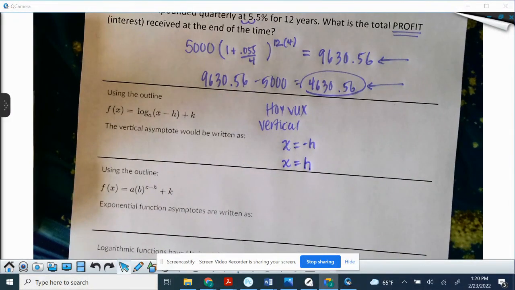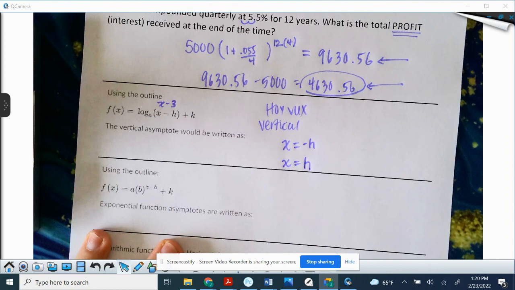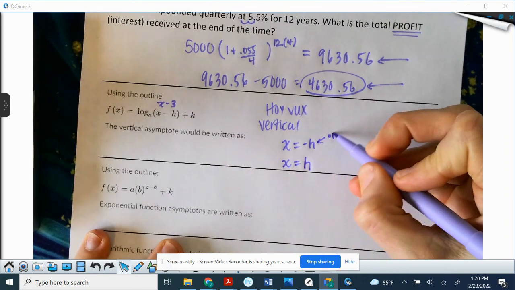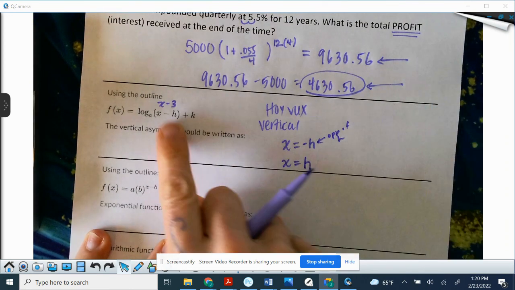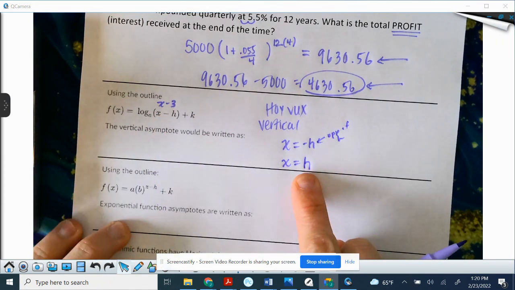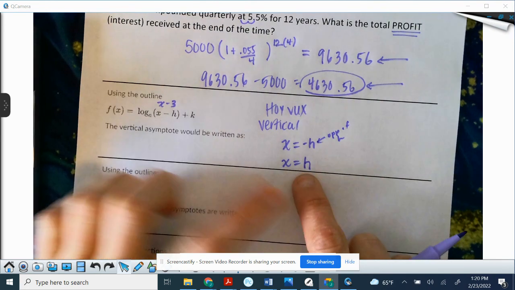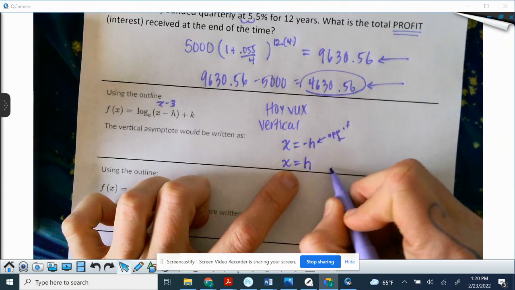Not the h like if it was a negative, like x minus 3. They say opposite of h because they know that you're going to say that's a negative 3, so it's a positive 3. But it's the actual value of h that got plugged into the equation. So it's x equals h.